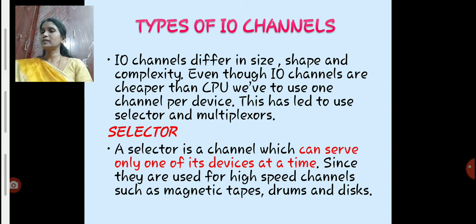So this has led to many IO channels connected in a single computer. To avoid this, we have special types of IO channels like selectors, multiplexers, block multiplexers, etc. Because of that, we have the types of IO channels: selectors and multiplexers.